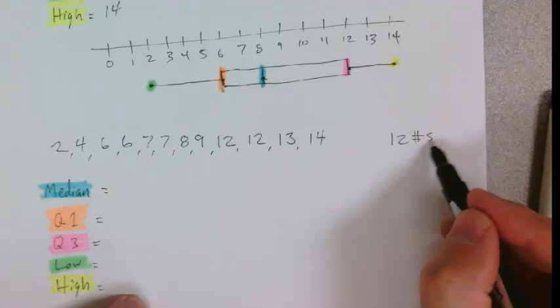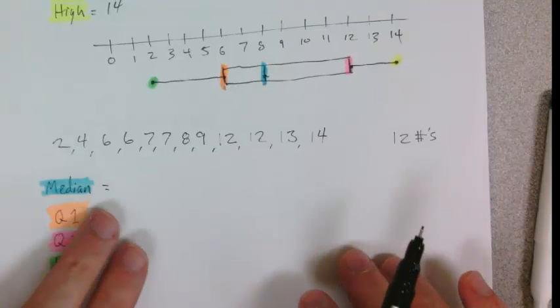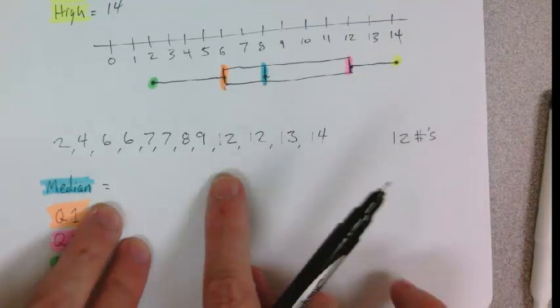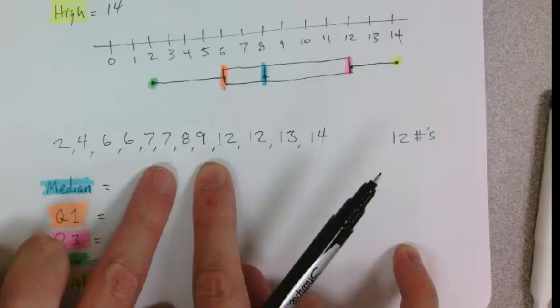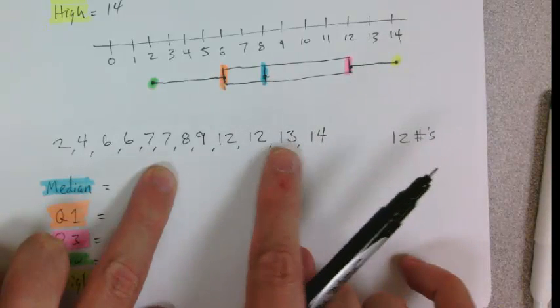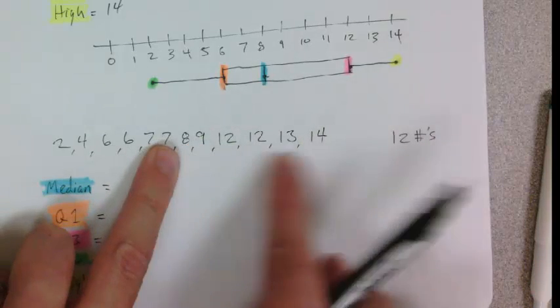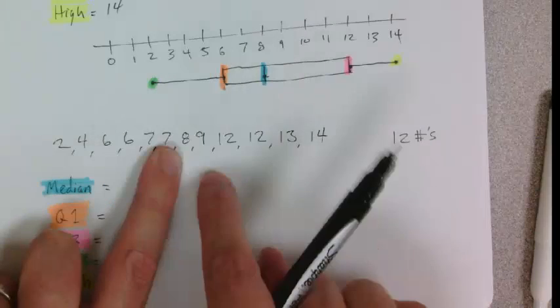So this is an even number of numbers, so that means I'm going to have to find the mean of the middle 2 because I won't have a middle number. So half of 12 is 6. So if I count back 1, 2, 3, 4, 5, 6, there's 6 on this side and 6 on that side.